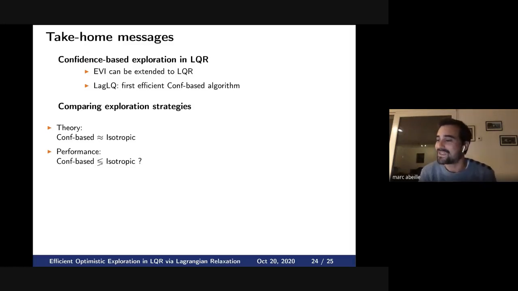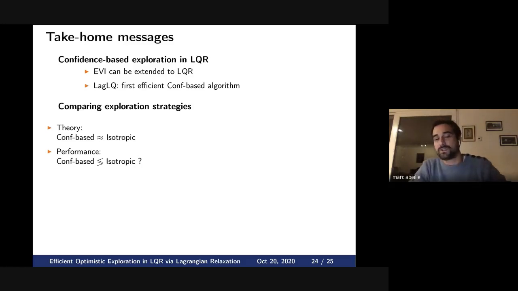Now the remaining interesting question is whether one may be superior to the other in practice. It's unclear, even though theory suggests that confidence-based is better. Algorithms are not always designed in a tight way.